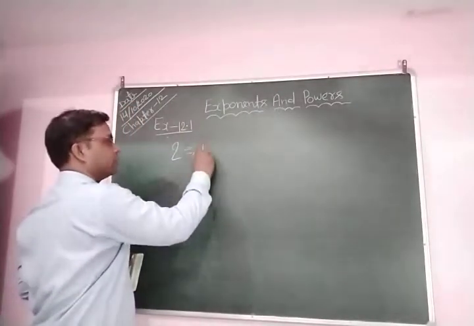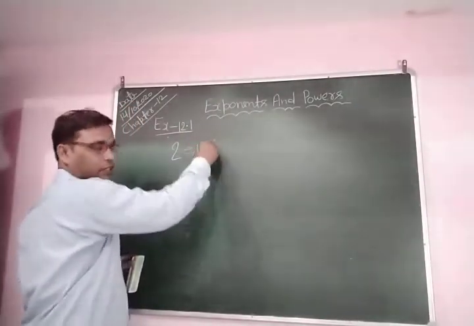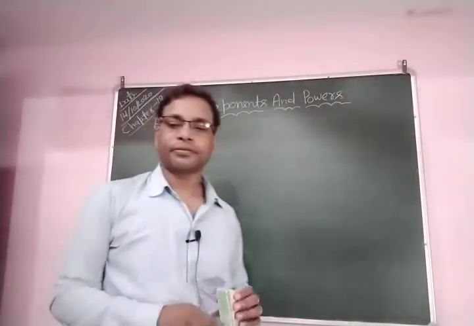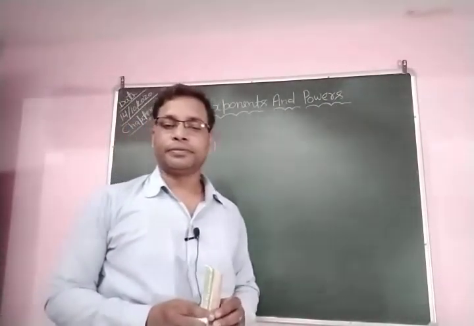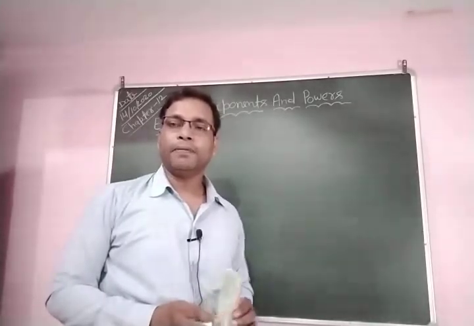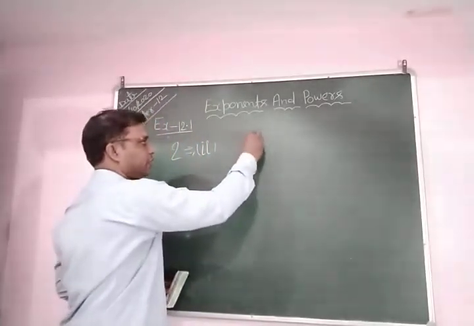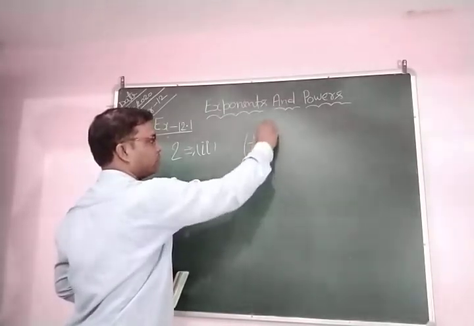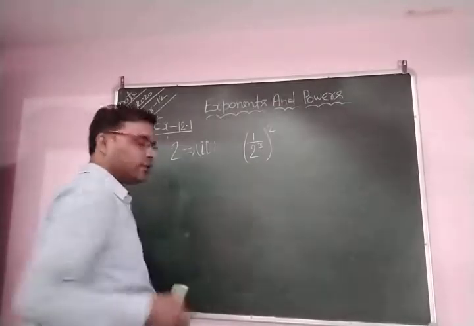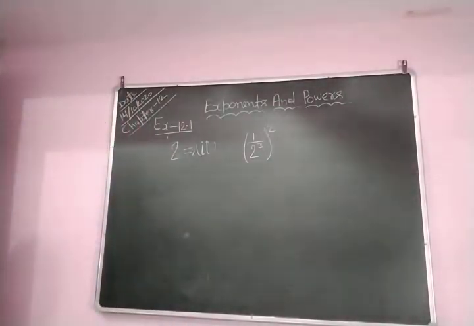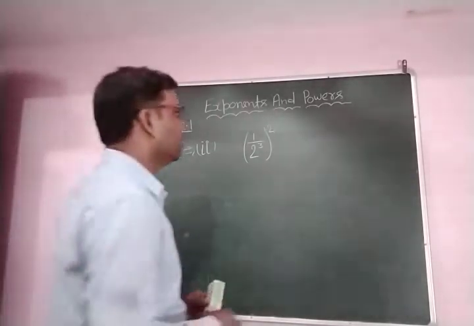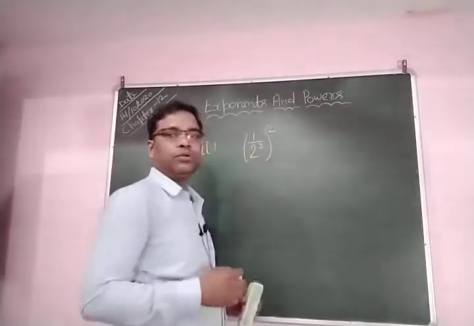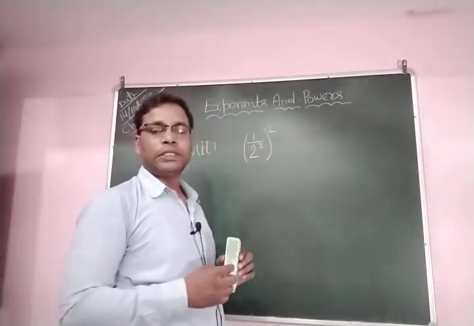The next part, the second part, is given here: 1 by 2 to the power 3 whole power 2. So 1 by 2 to the power 3 whole power 2 is given.